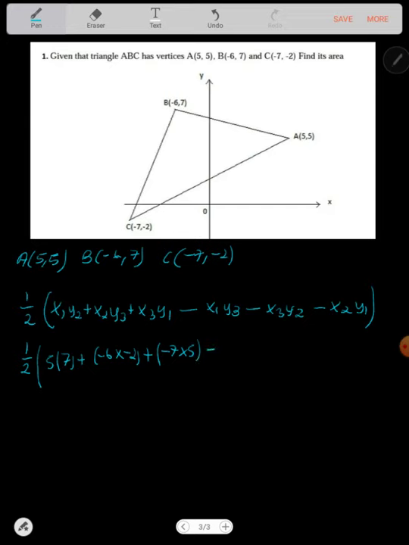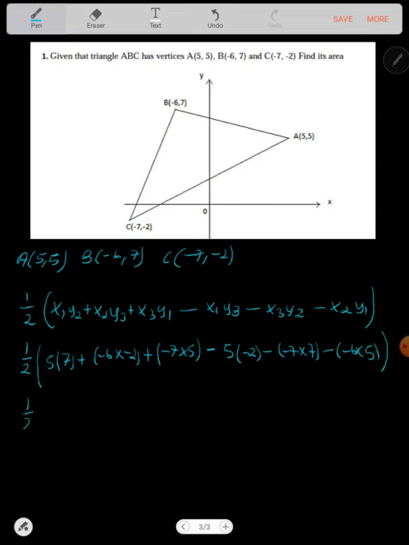Then say minus x1, which is 5, times y3, which is negative 2, minus x3, which is negative 7, times y2, which is 7, minus x2, which is negative 6, times y1, which is 5.